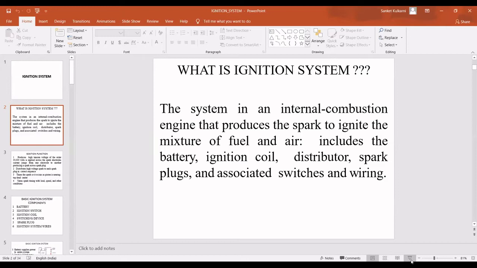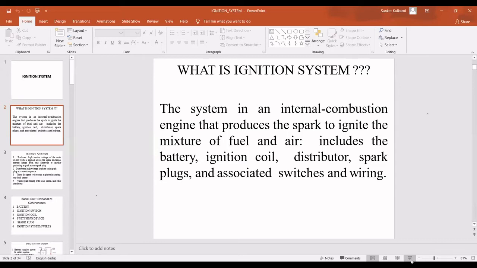At the end of the compression stroke, what happens? A high intensity, high temperature spark is produced by the spark plug, which is sufficient to ignite the mixture of fuel and air. The ignition system generates a spark.